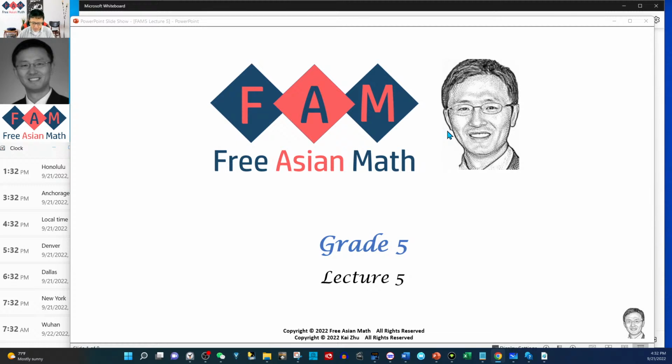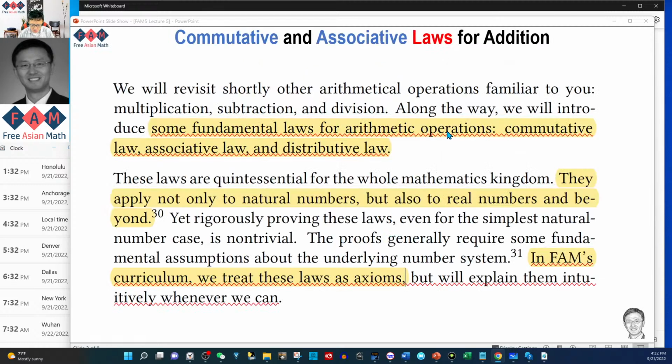Today we are talking about something super important in mathematics: the commutative and associative laws. In a couple of lectures, we'll also talk about the distributive law, multiplication over addition.